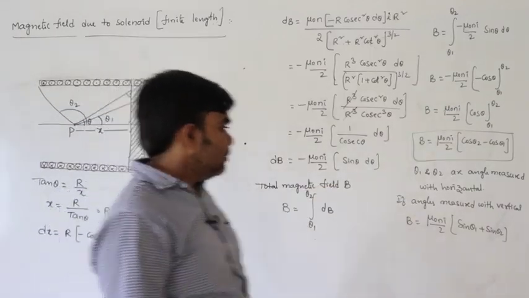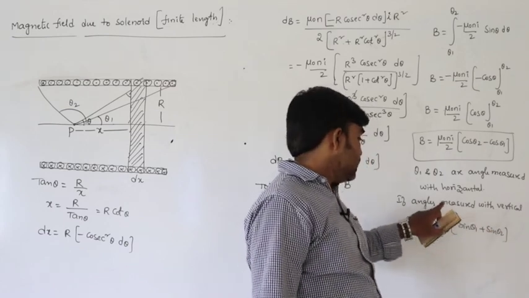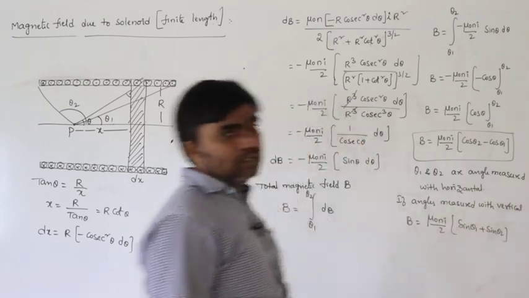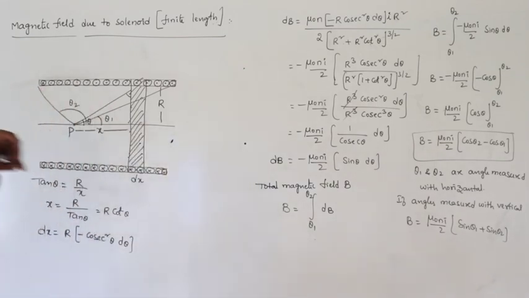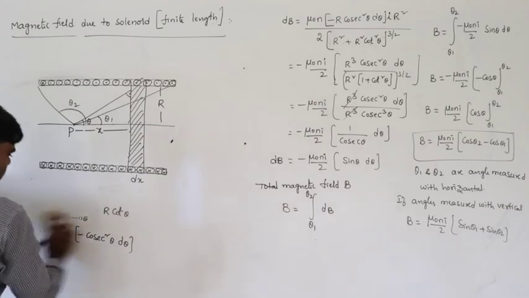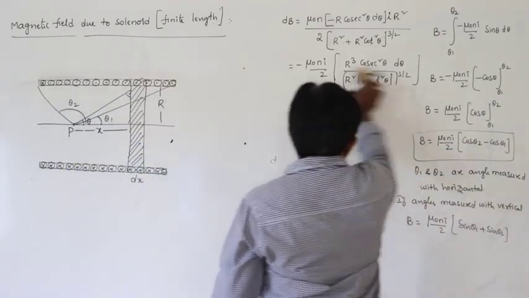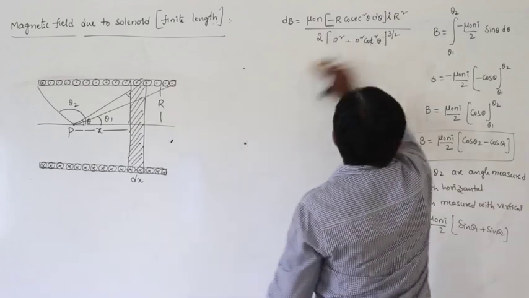So B is equal to mu naught Ni by 2 (sin theta 1 plus sin theta 2) when the angles are measured with the vertical. This is the magnetic field due to a solenoid of finite length, a very important formula.